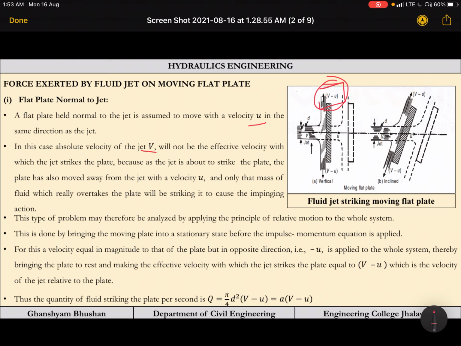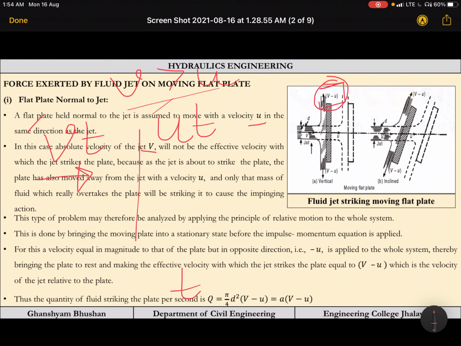Because the jet is about to strike the plate, the plate has moved away from the jet with the velocity u, and only that mass of fluid which really overtakes the plate will strike it to cause the impinging action. So this is the plate and this is the jet, this is V and this is u. In time t, the jet will move a distance Vt and the plate will move ut, where V is greater than u.